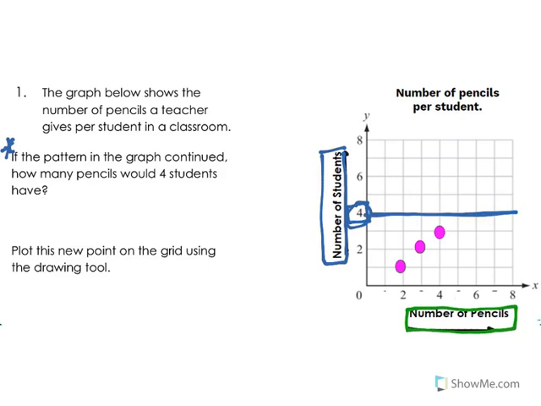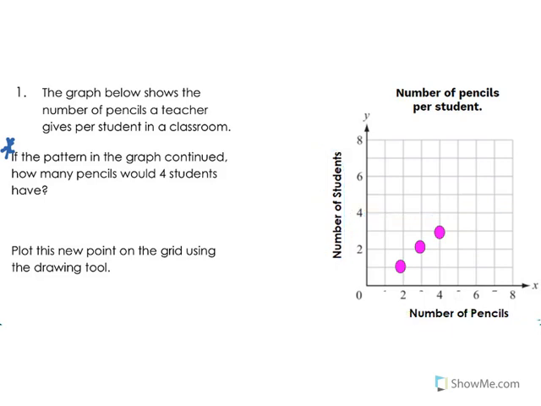So we need to figure out what ordered pair we would have for 4 students. What I'm going to do is list out the ordered pairs for each of the 3 coordinates we have on the graph here.